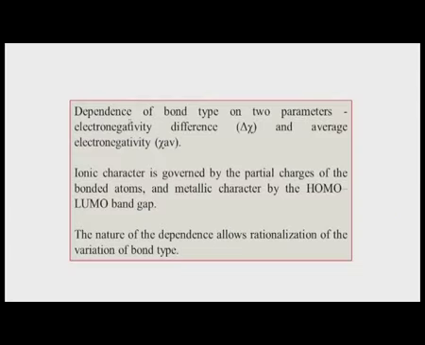So, this particular type of bond, the dependence of bond type is basically governed by two parameters. We are talking in terms of the electronegativity: the electronegativity difference and the average electronegativity.